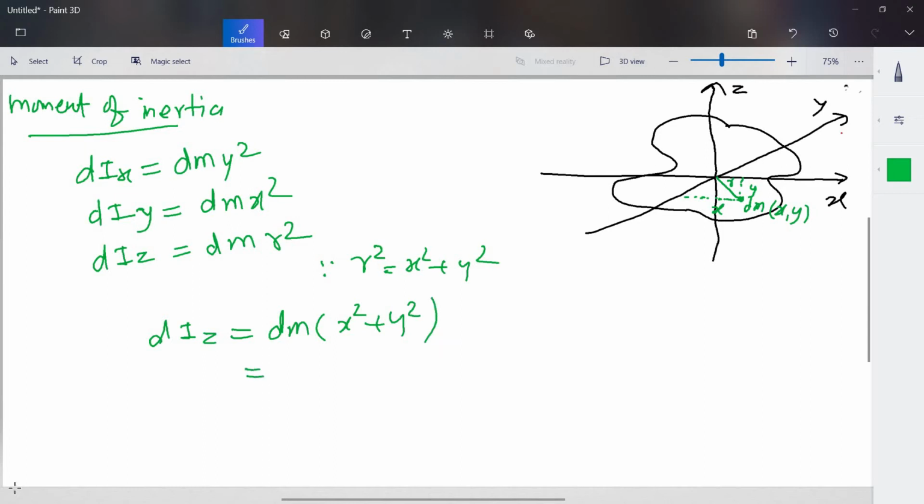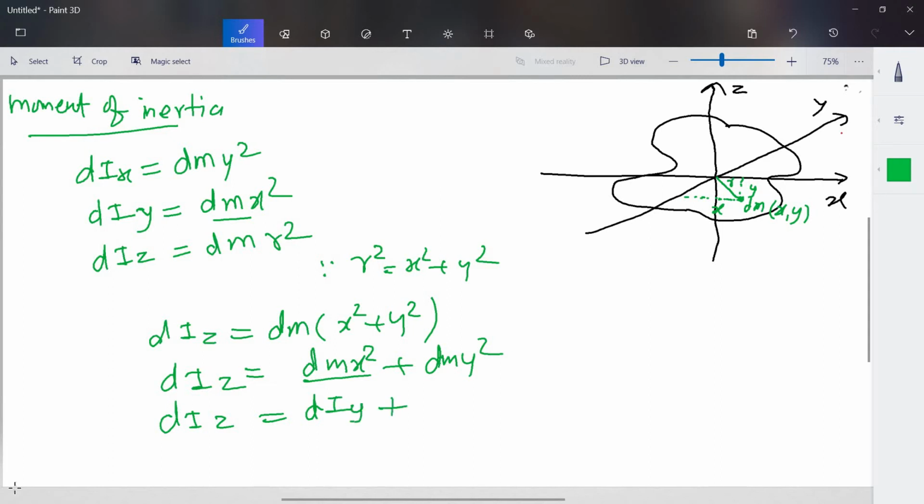If you open the bracket, dm x squared plus dm y squared, which is dIy plus dIx. These are simple things you should know.